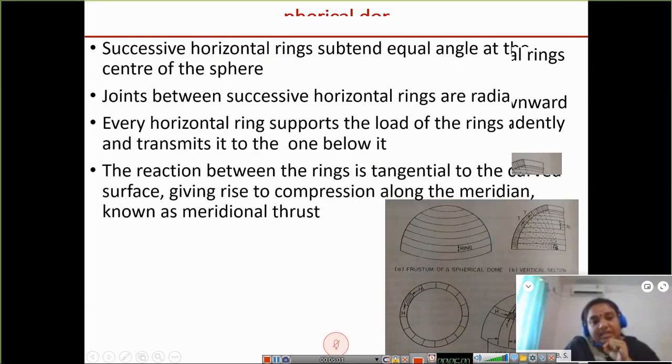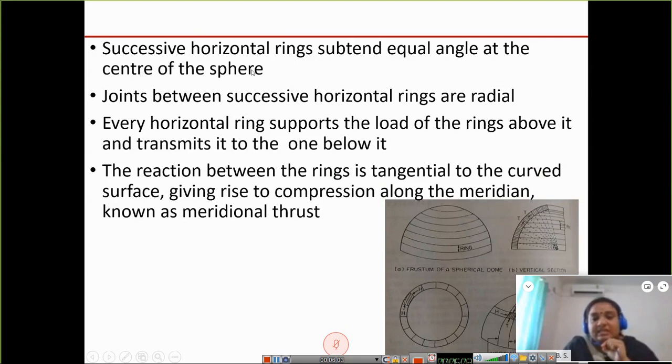Then another assumption we make is successive horizontal rings subtend equal angle at the center of the sphere. So these horizontal circles subtend equal angle at the center. Then yet another assumption, the joints between the successive horizontal rings are radial.